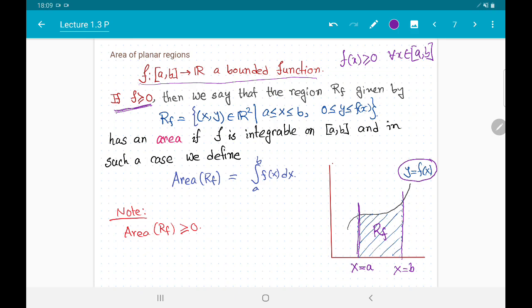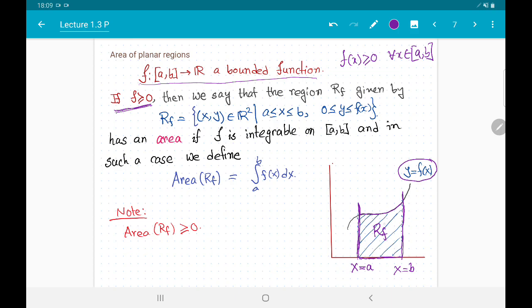So RF is the region that is bounded above by the graph of the function y equal to f(x), to the left by the line x equal to a, to the right by the line x equal to b, and at the bottom it is bounded by the x-axis.